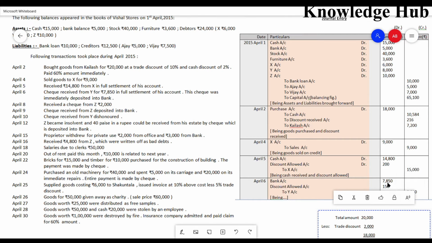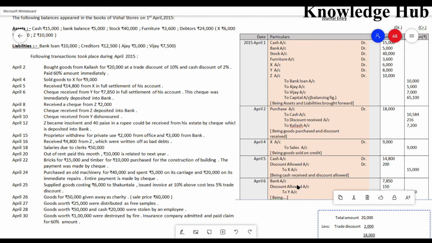Now, again, there's a difference in the amounts. I have received 7,850 instead of 8,000. So, there's a loss which the business is bearing. Any loss must be debited. So, again, 150 rupees of loss shows in my debit balance and is mentioned as discount allowed account.